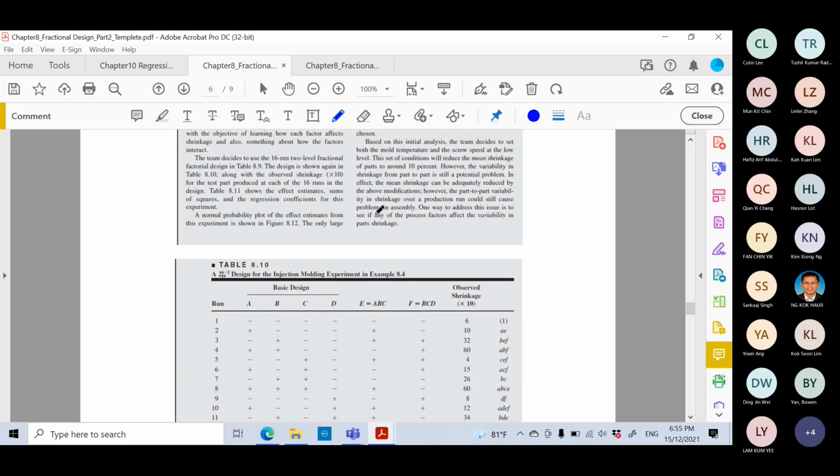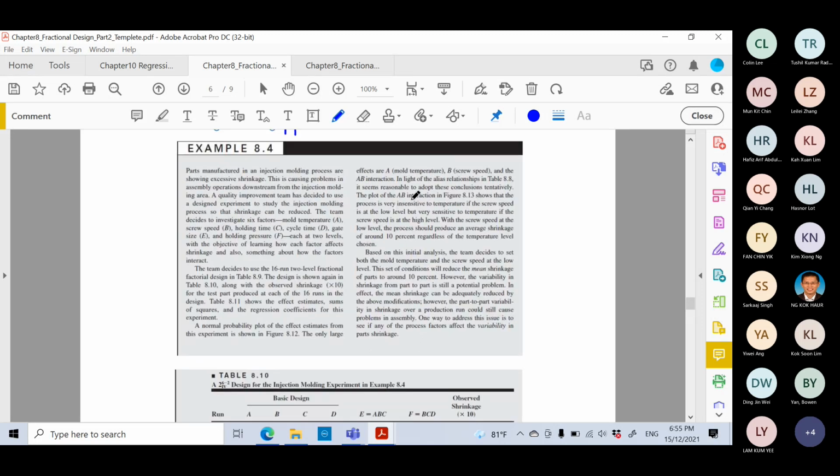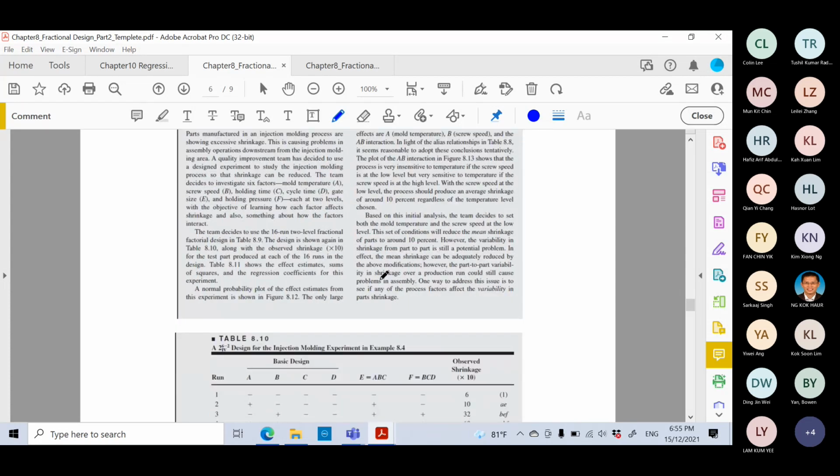So that means in this example, they consider the generators. Okay, the first generator they consider in this case will be A, B, C, E. Okay, of course you can choose other generators.